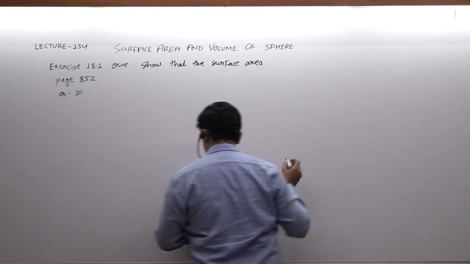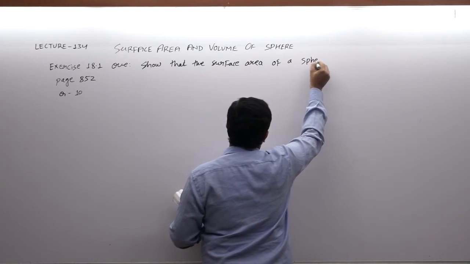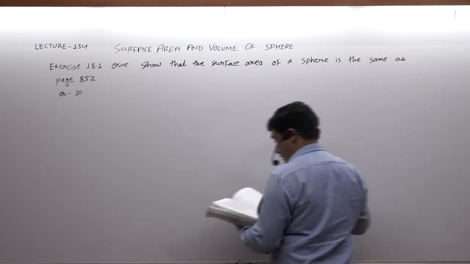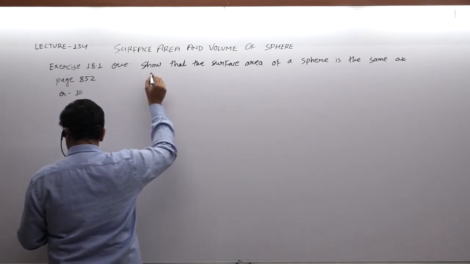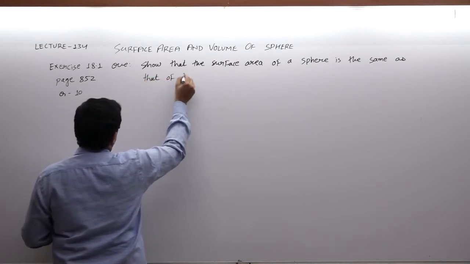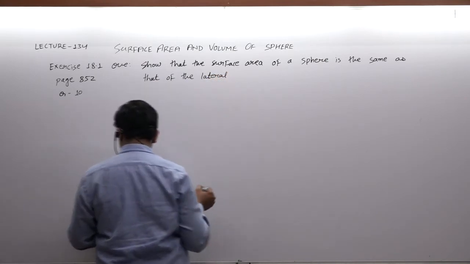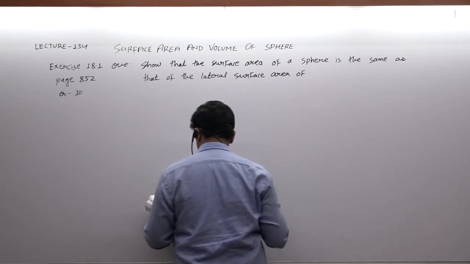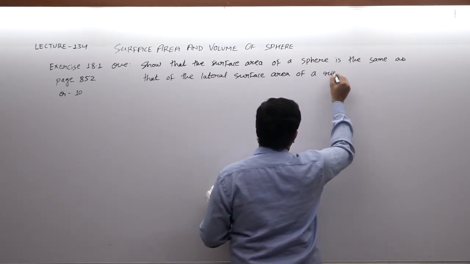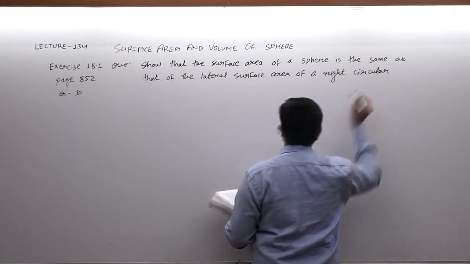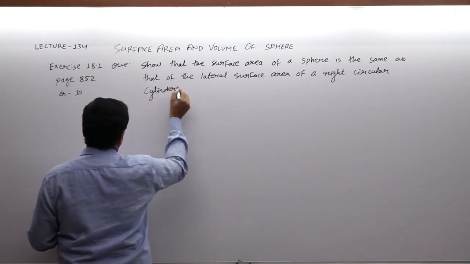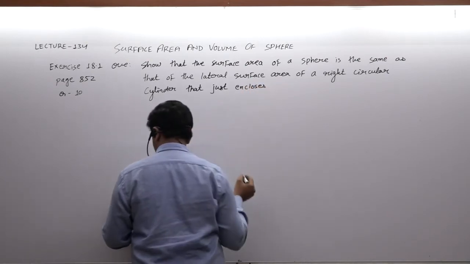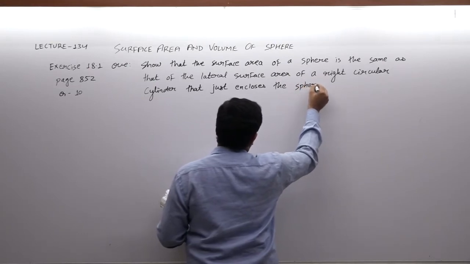Show that the surface area of a sphere is the same as that of the lateral surface area of a right circular cylinder that just encloses the sphere.